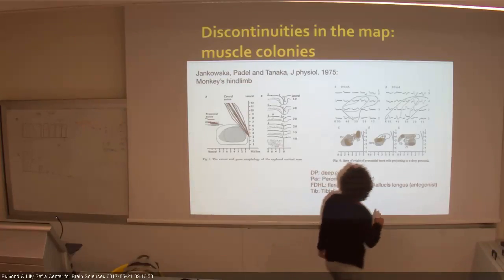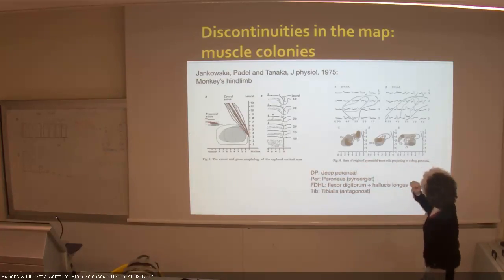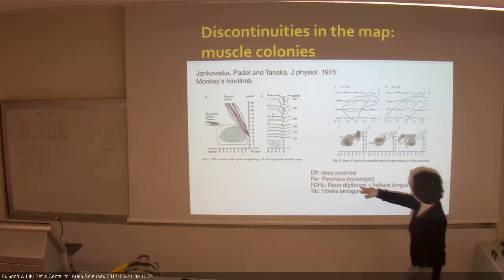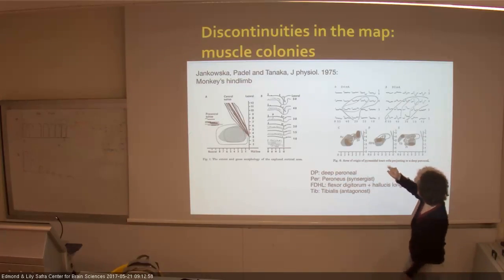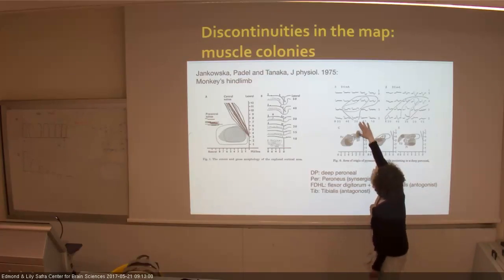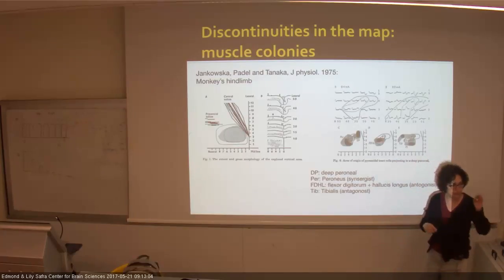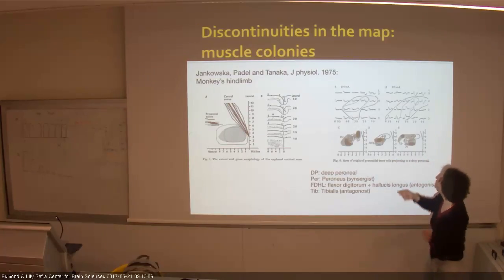And here what you see is they recorded intracellularly from motor neurons of the deep peroneal muscle. Here they show the cortical area where stimulation produces a monosynaptic response.